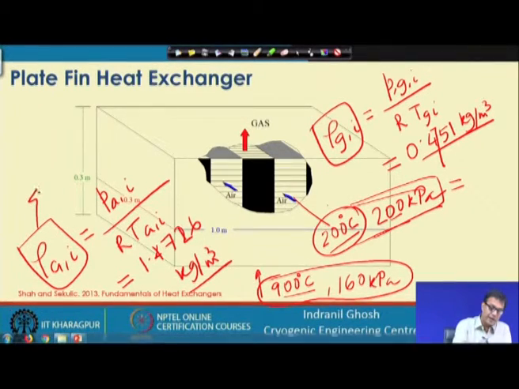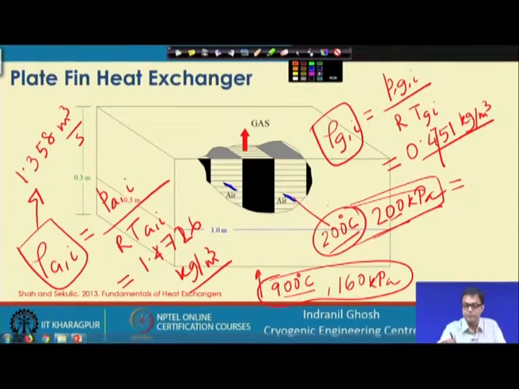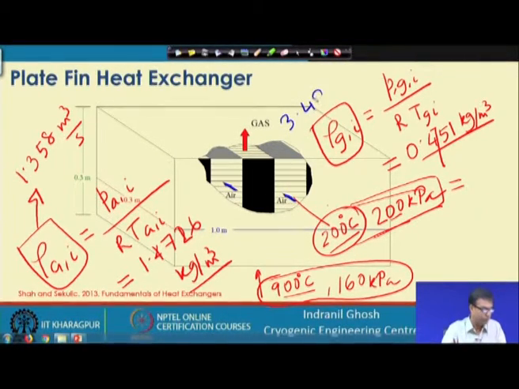The volumetric flow rate of air is given as 1.358 meter cube per second, and the volumetric flow rate of the gas is given as 3.494 meter cube per second.